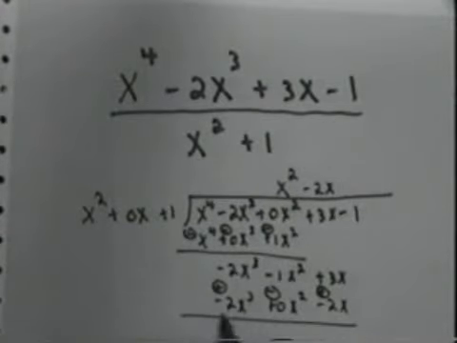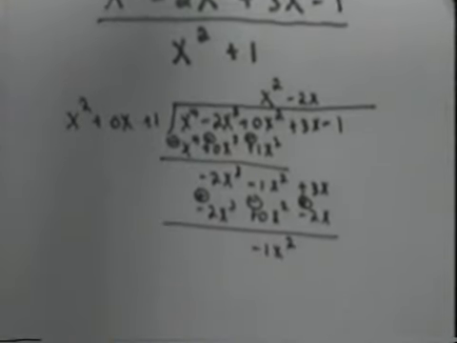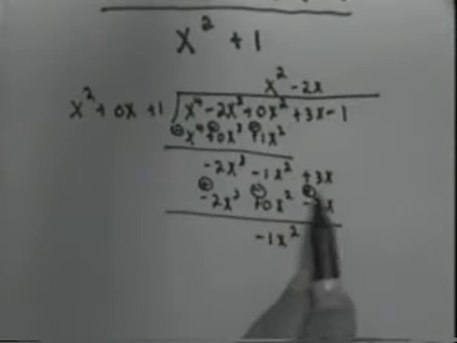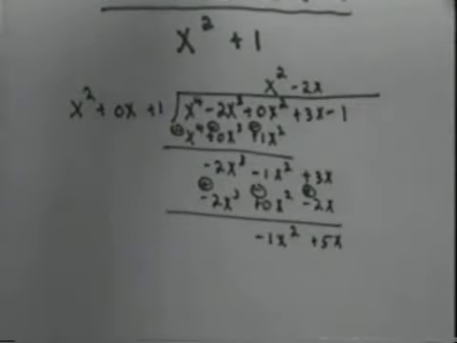A negative 2x cubed and a plus 2x cubed is 0. A negative 1x squared plus 0x squared is a negative 1x squared. And a positive 3x plus 2x is a positive 5x. As you subtract, you bring down.